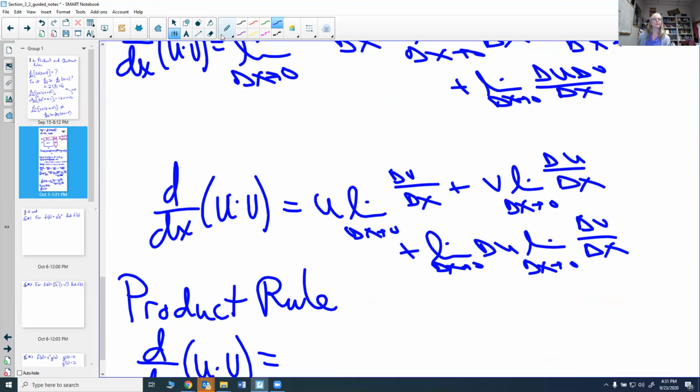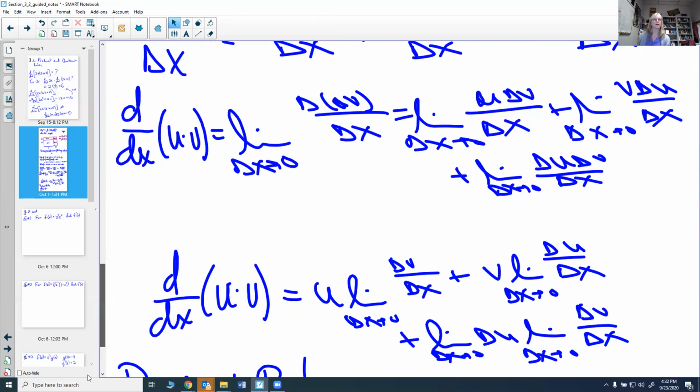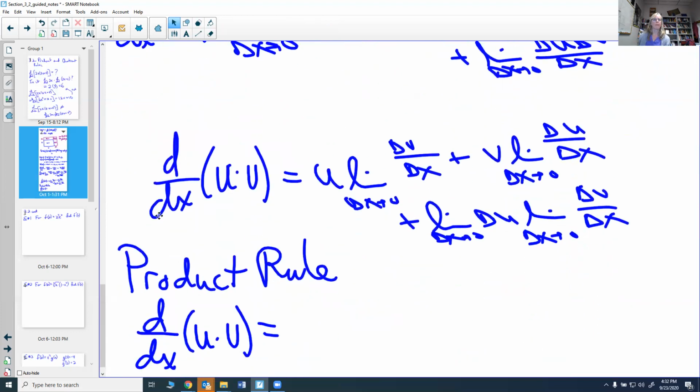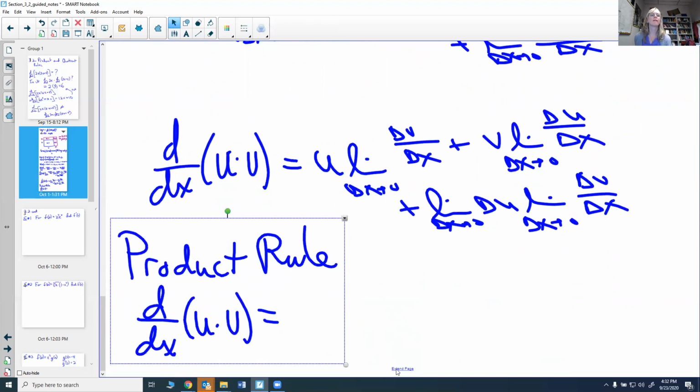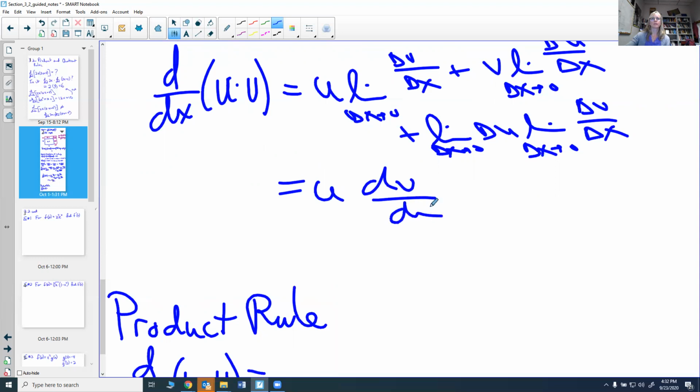All right, so now let's see what we've got. I need a little bit more space, so I'm going to move this stuff down a little bit and see where we are. Now this is the derivative of V with respect to X. So we actually have U times the derivative of V with respect to X. And this is the derivative of U with respect to X, this is du dx times V. Now, what is all this?